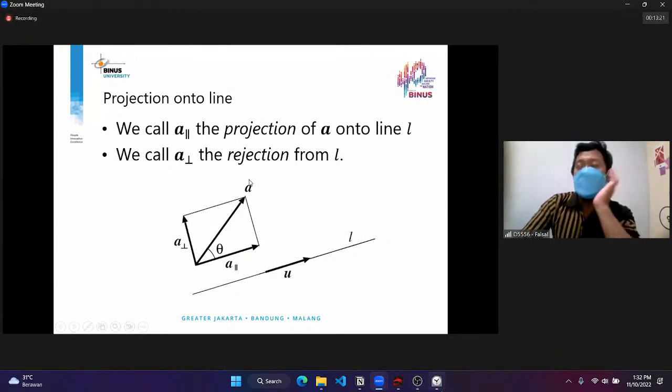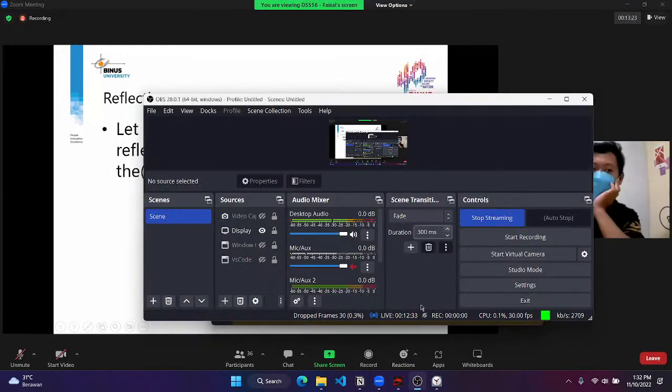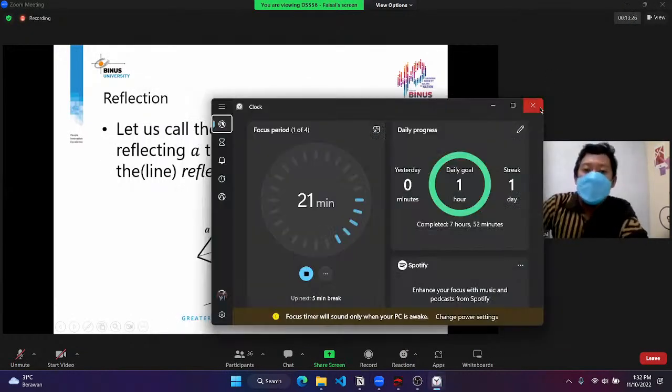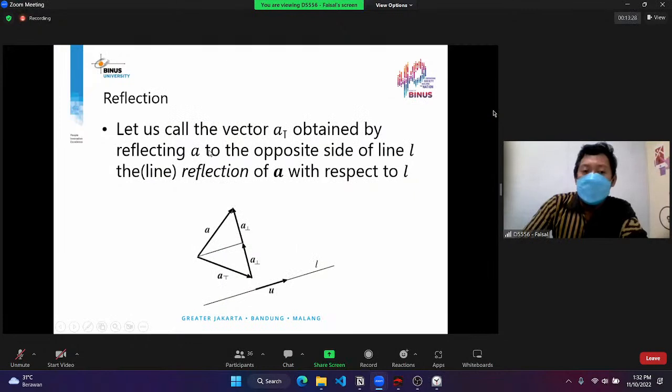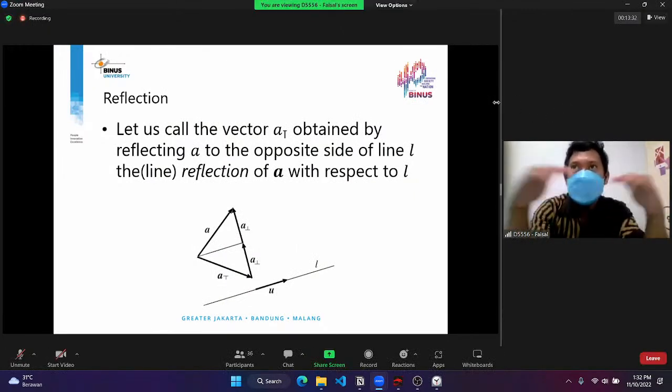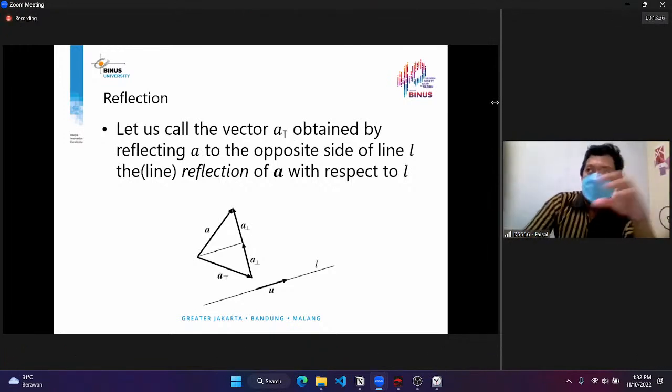And the third transformation is reflection. We know that if we want to reflect, we need an axis or a line as a mirror.